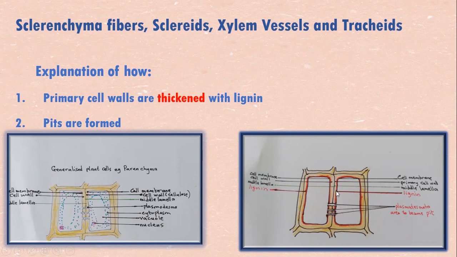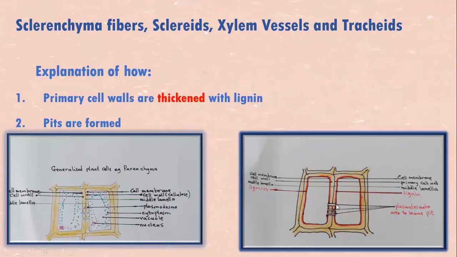All right, so we have lignin laid, but the lignin is not laid where the plasmodesma are. This is a plasmodesma. The lignin is laid all over, but not where the plasmodesma are.